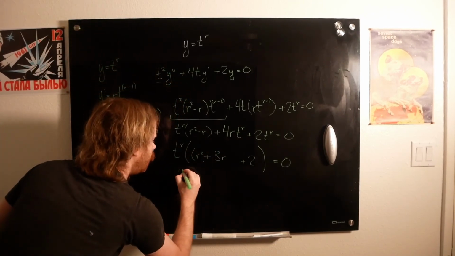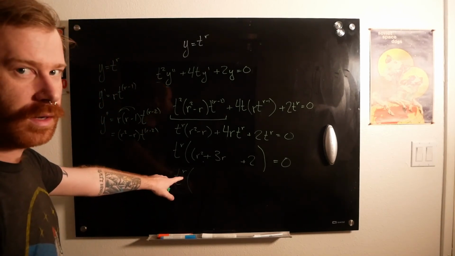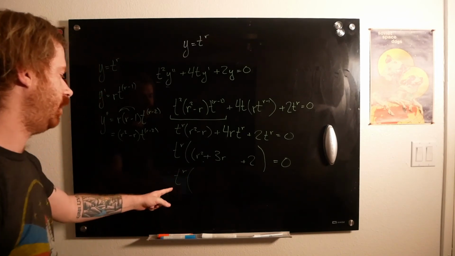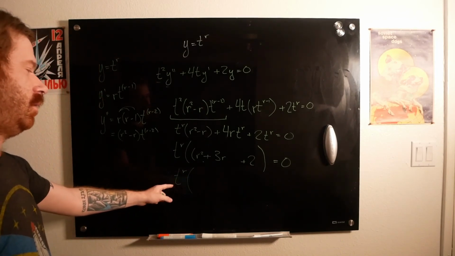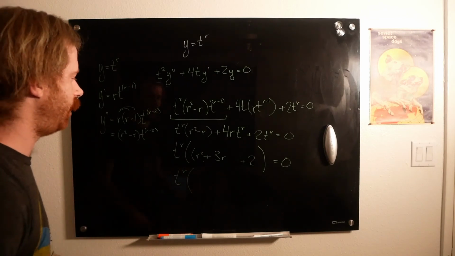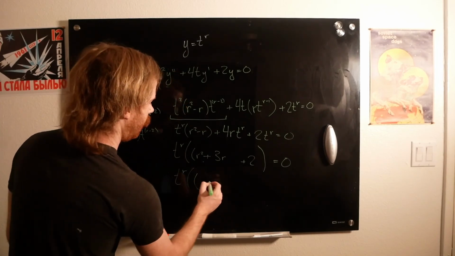So it's going to give us t to the power of r, which will never be 0, right? It could be 0 if it were dependent on t, like when t equals 0, but we're looking at values of r, we're not looking at values of t.